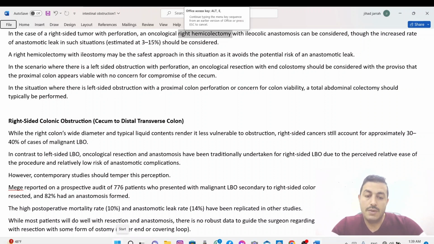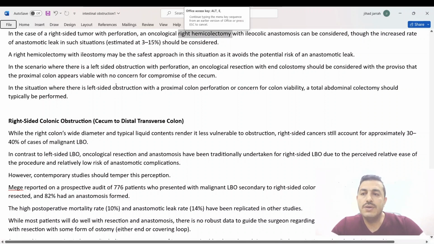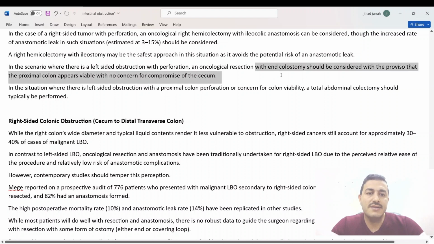Okay. A left-sided tumor, always when there is a left side tumor, we said check the viability of the proximal bowel. We may proceed to subtotal colectomy, or we may just bring an end colostomy.